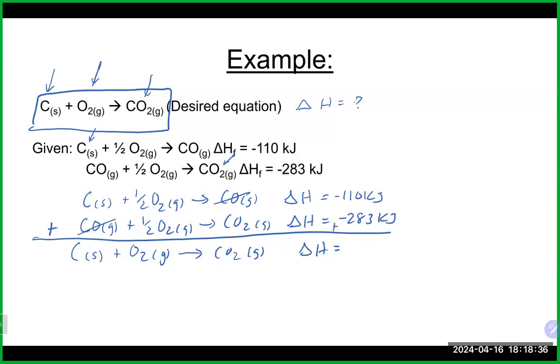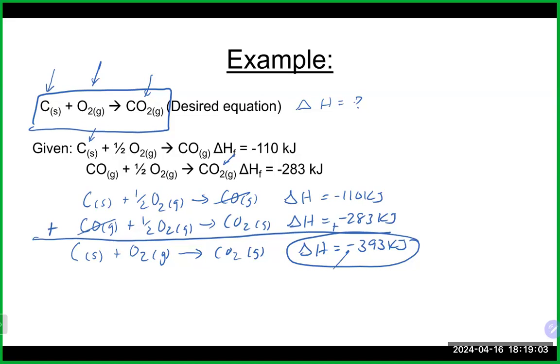We're just going to add both of those together. It's going to give me a 110 plus a 283, both negative, by the way, a negative 393 kilojoules. So in this case, this reaction is exothermic or endothermic? This reaction is exothermic. I got me a negative in this particular case.